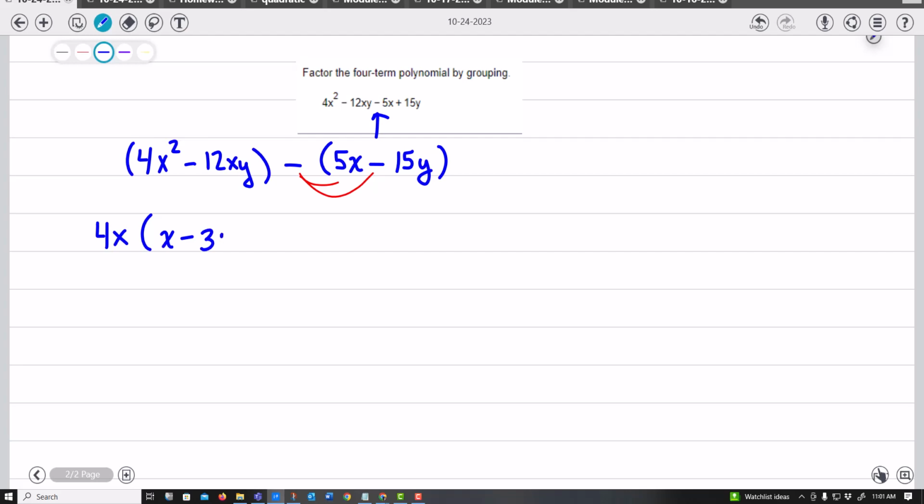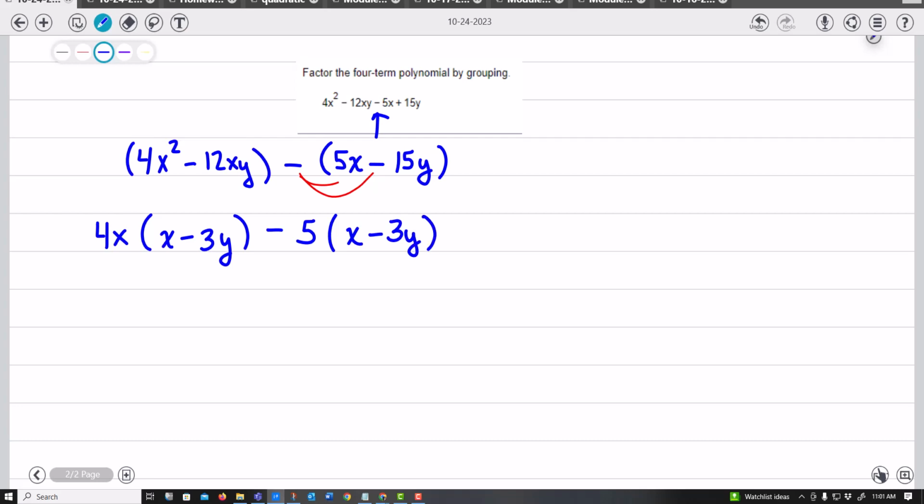I took an x out, so it looks like a y. Over here, it looks like I can factor out a 5, because 5 is the highest prime factorization of 15, 5 times 3. And notice what I would have left, x minus 3y.